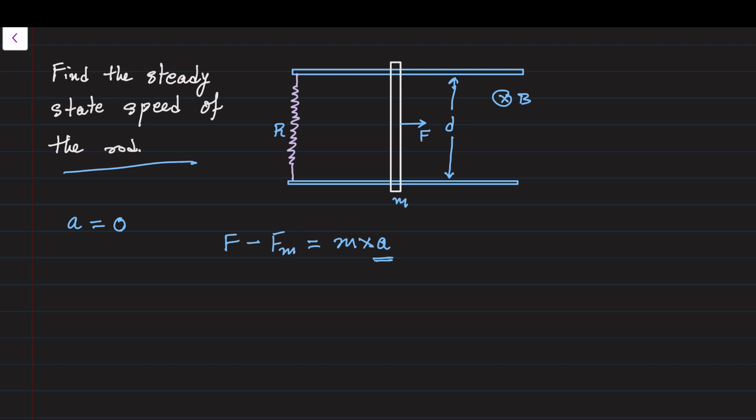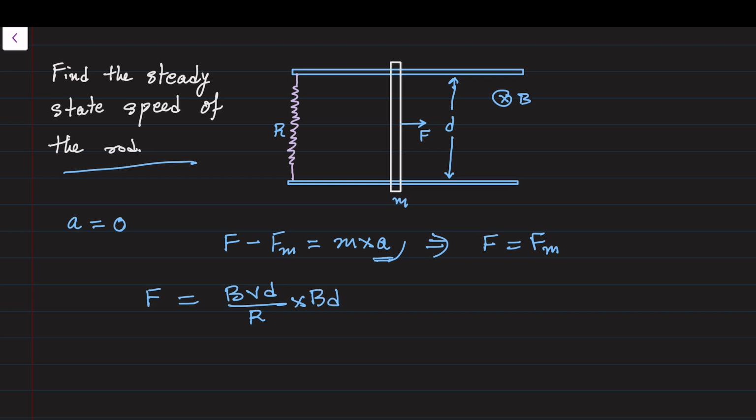The speed at which the acceleration is zero is the steady state speed, or you can also call it the terminal velocity. So for a equal to 0, you will get F equal to Fm. Now I am writing the Fm from the previous part. F equal to IBL, I was BVL upon R, into BD.